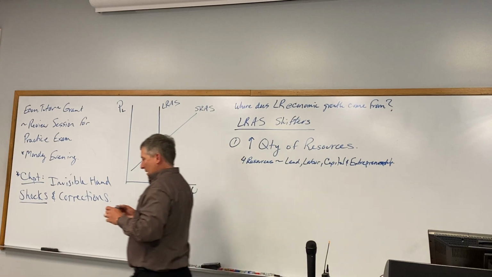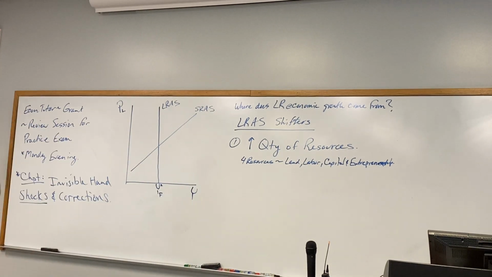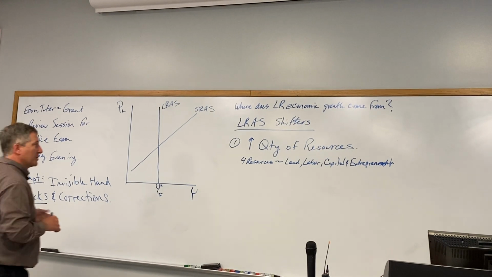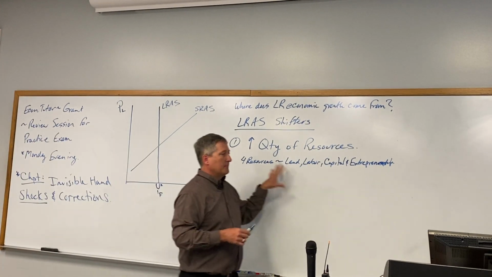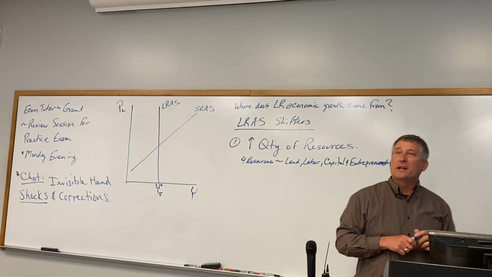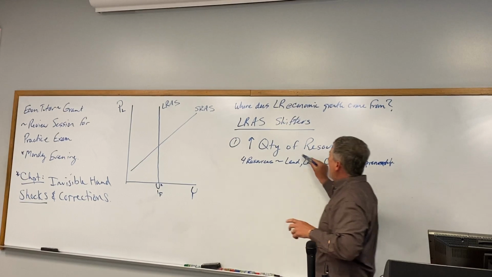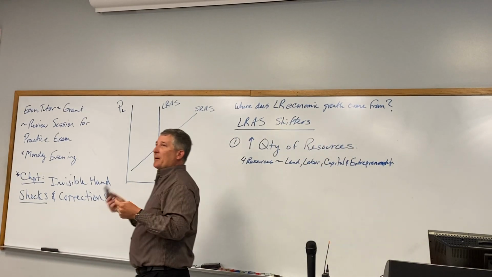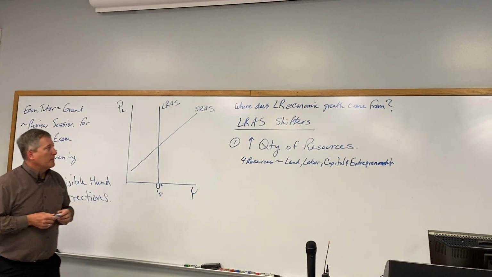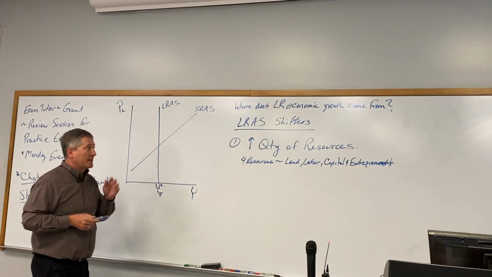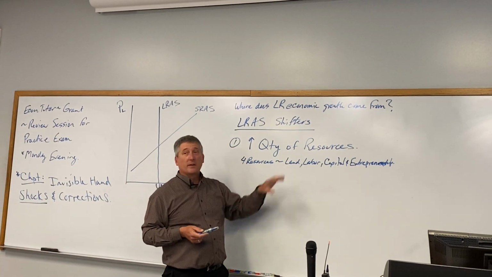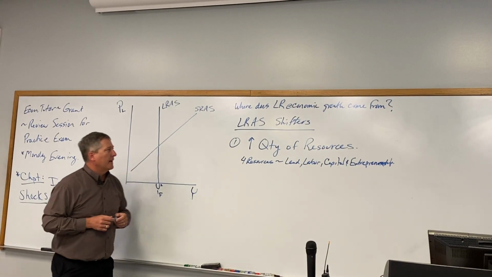So, land covers a lot of things. Sunshine, rain, soil conditions, elevation, like if we want to do some coffee growing or something. So land is all natural resources. So we might have an improvement in land, a discovery of oil or a discovery of some minerals or something like that.